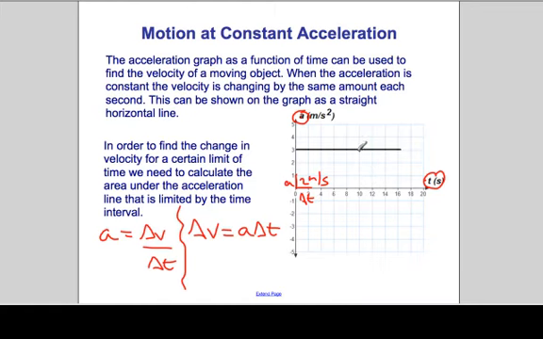So if we had, let's just use our imagination, let's say we had 1, 2, 3, 4, 5, 6, 7, 8, 9. Let's say we have 9 of those boxes, and each of them has an area of 2. 9 2s are 18 meters per second of velocity change. The bigger the acceleration and the greater the time, the greater the delta V.